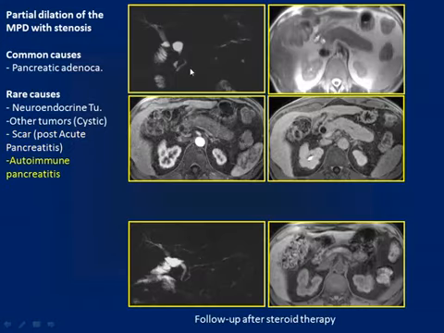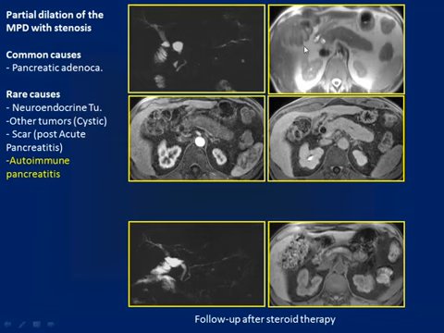And also autoimmune pancreatitis sometimes has to be considered in the differential diagnosis. Remember multiple stenosis of the main pancreatic duct at MRCP. Think of the possibility of this relatively rare condition.